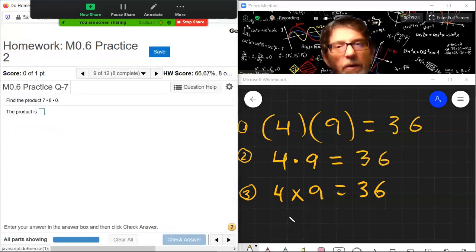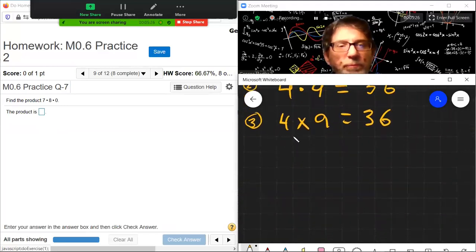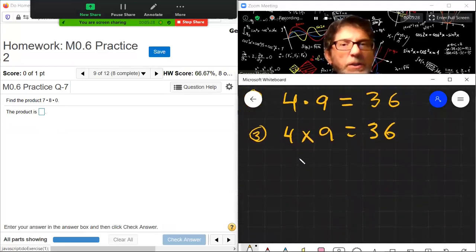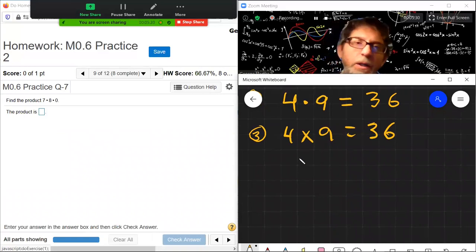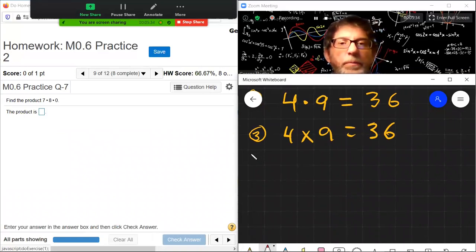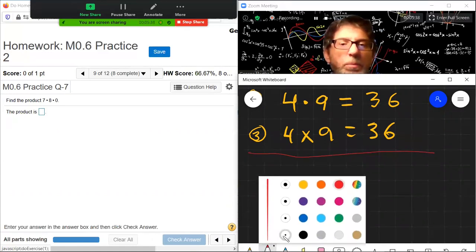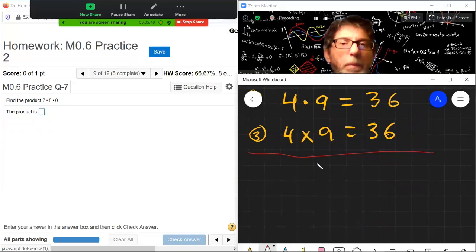Okay, so now we have something that looks like this. We have 3 different numbers that we're multiplying. So we have 7 times 8 times 0.